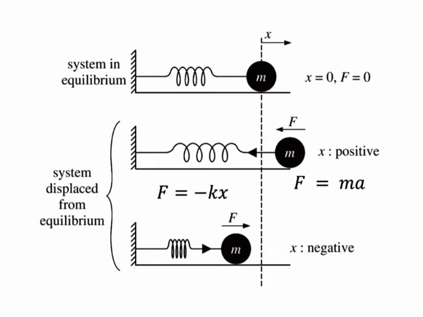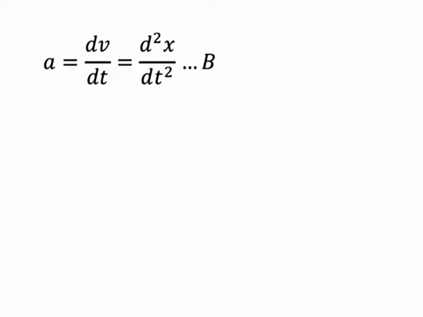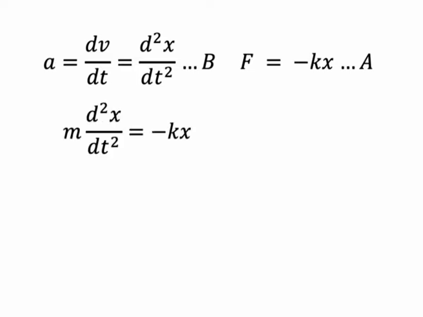Recalling that velocity v and acceleration a are respectively the first and second derivatives of displacement with respect to time, that is, a is equal to dv/dt, which is equal to d²x/dt², we can write equation A in the form of a differential equation as m d²x/dt² is equal to minus kx, or d²x/dt² is equal to minus omega squared times x.